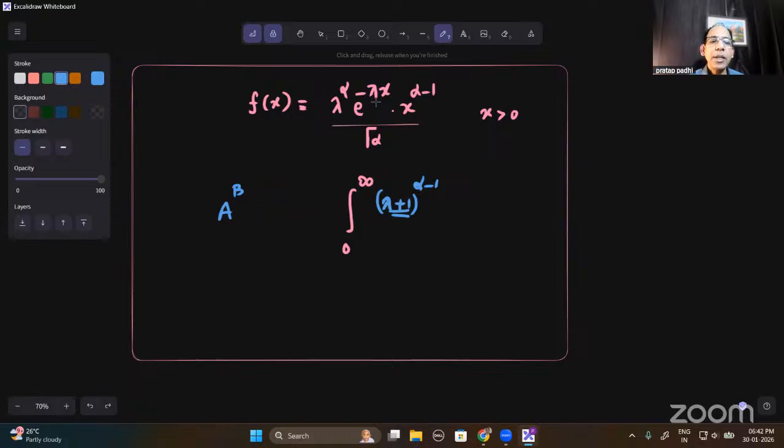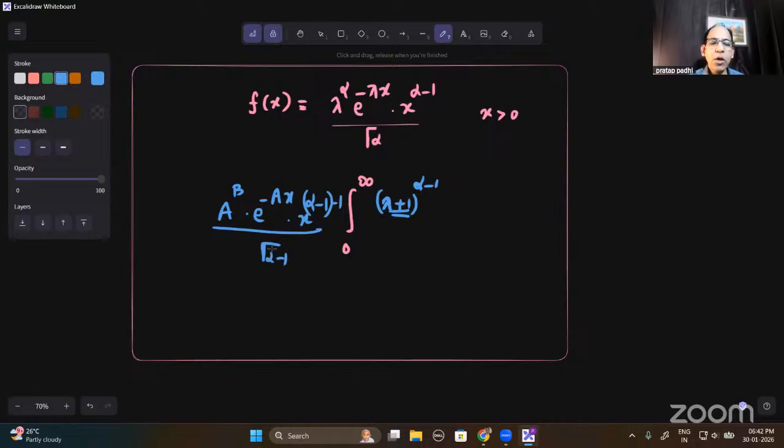Then e minus a x, x power alpha minus 1, where I have taken my alpha as alpha minus 1, divided by gamma alpha, and my alpha is alpha minus 1.